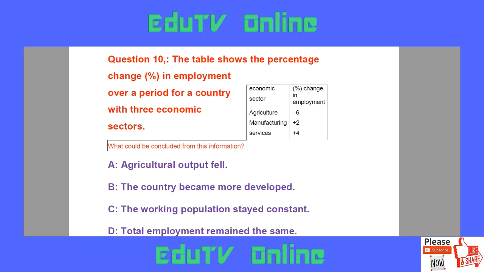What could be concluded from this information? A. Agricultural output fell. B. The country became more developed. C. The working population stayed constant. D. Total employment remained the same. Answer. B. The country became more developed.